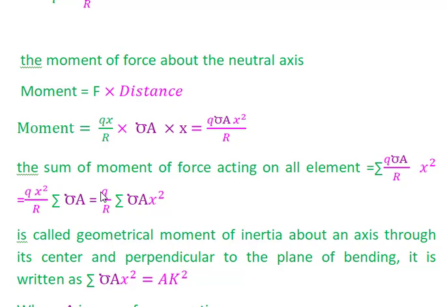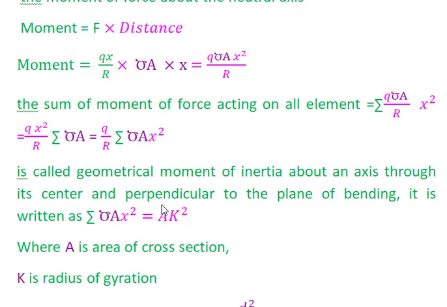Here the quantity Q by R is separated, so Q by R sigma del A x square. Sigma del A x square is called the geometrical moment of inertia about the axis through its center and perpendicular to the plane of bending.